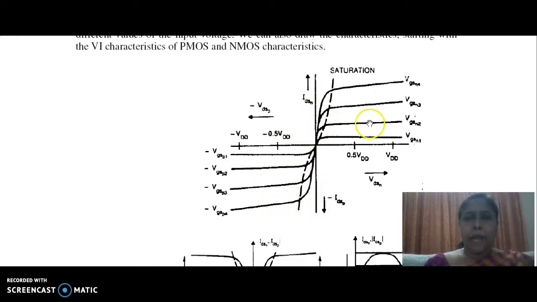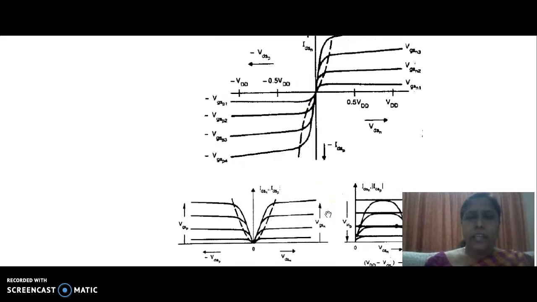We can fold these curves in such a way that IDSP can be plotted on the top by showing its direction. If we fold these curves onto the first half, we get the P MOSFET curves towards the left and the N MOSFET curves towards the right.